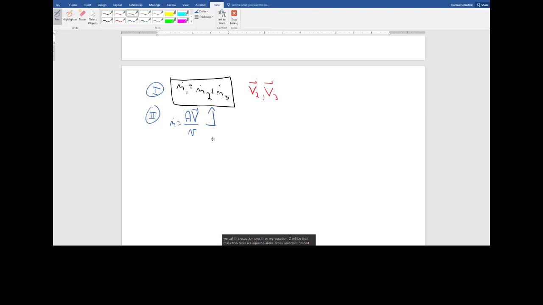And I can put that into this equation, and that's going to tell me that the area at state 1 times the velocity at state 1 divided by the specific volume at state 1 is equal to those same things at state 2 and state 3. Does that part make sense?